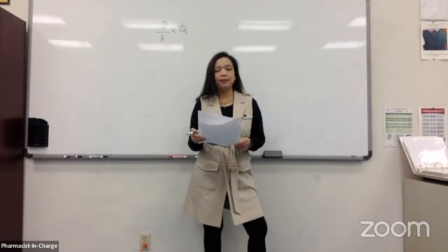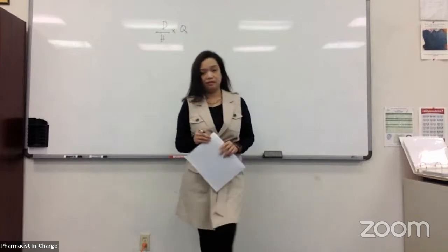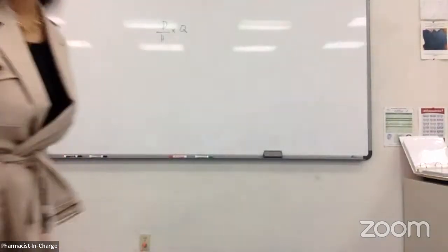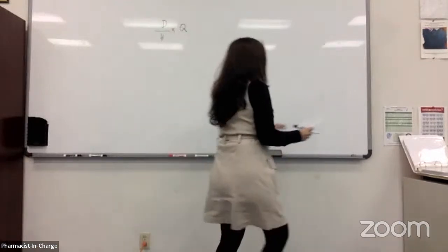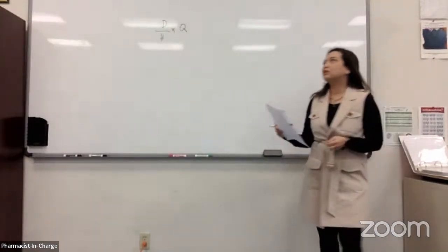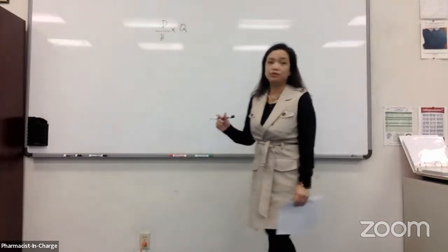I want you to pay attention to your worksheets. It's 3 pages. If it's not, make sure you have the one that's 3 pages. Page 1 has a specific instruction. It says there, calculate for a single dose.